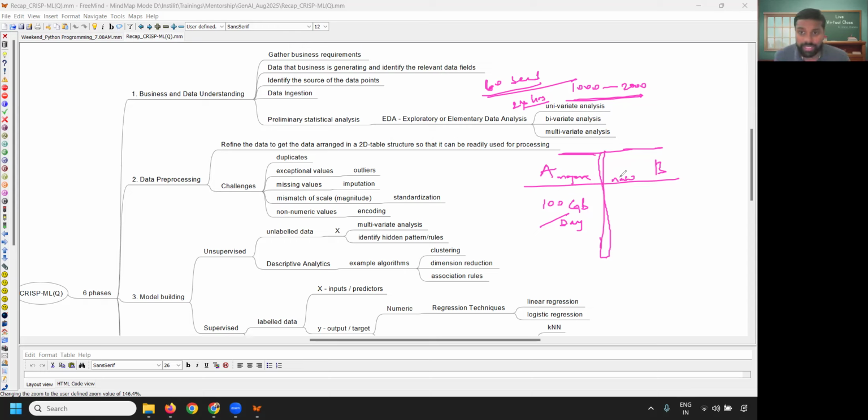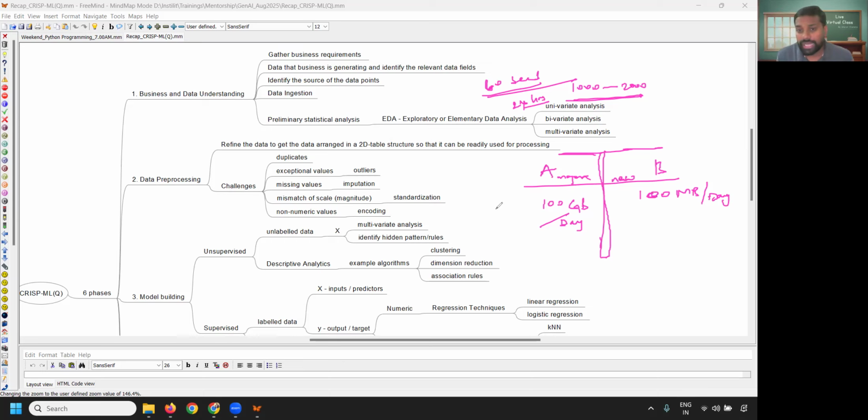This new company probably will not see so many transactions, and of course not too many customers will be associated with it. So let us assume that this company has recently started and probably has 100 MB of transactions happening per day. New company, we cannot imagine more than that.